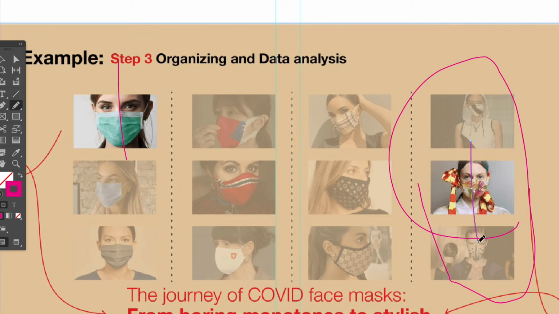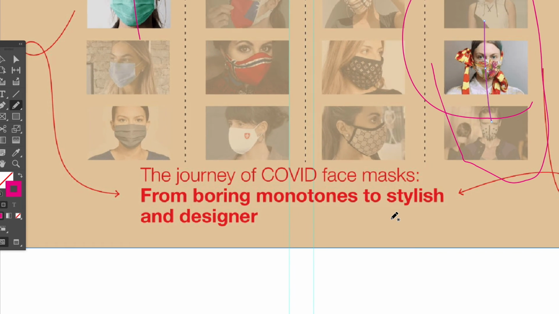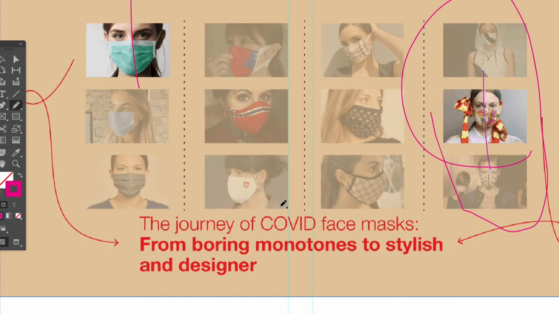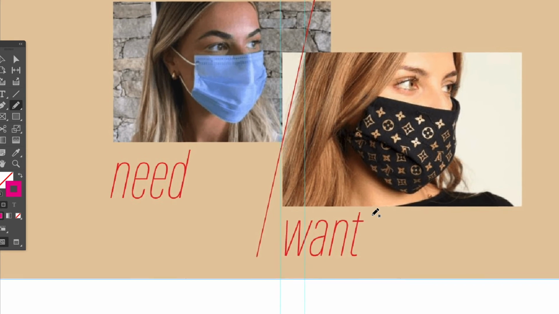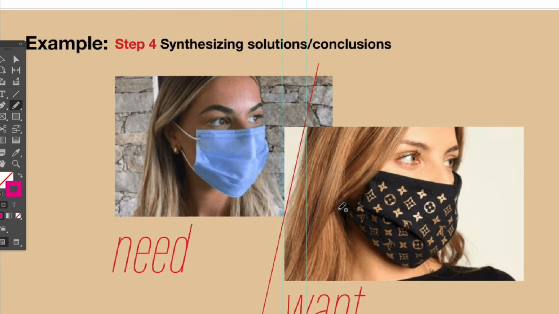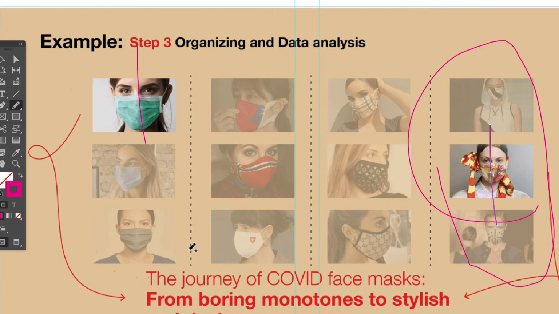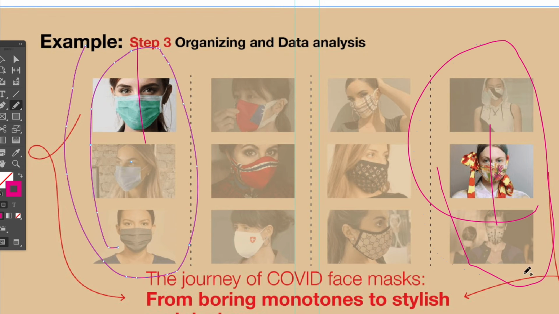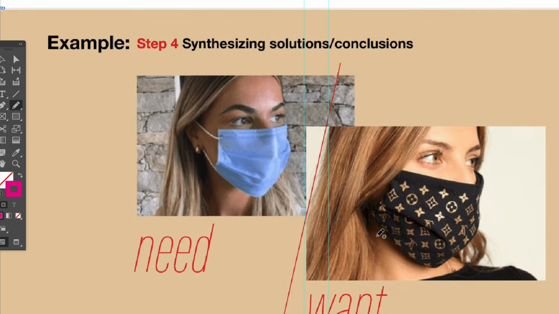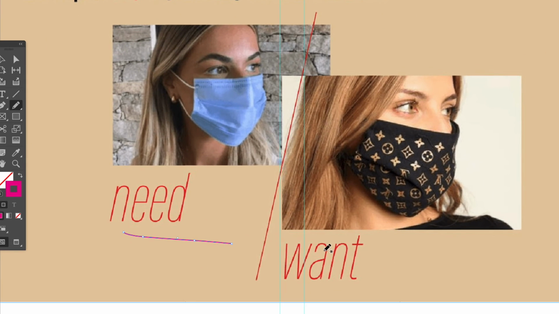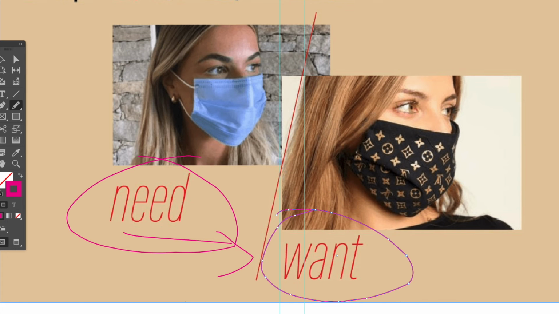And here it's an accessory, you can wear it and you're proud of wearing it. So I took that contrast, and then a thought came to me. You can clearly see this is all need based, this is all want based. You can see that clear factor here. Therefore we traveled from need to want.